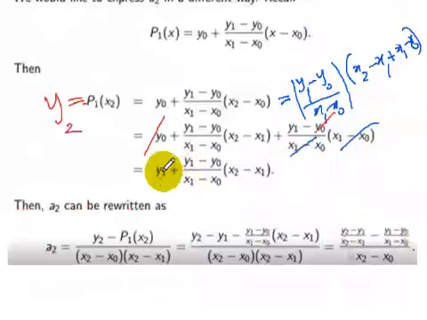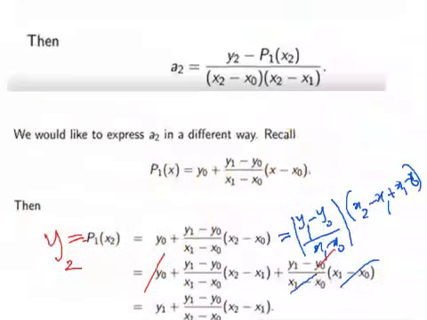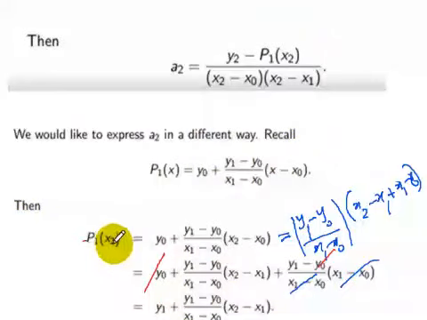So what I do here, I throw this value. This is our p sub 1, the polynomial 1 evaluated at x2.